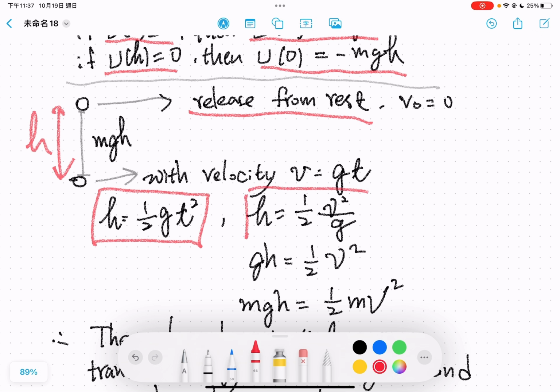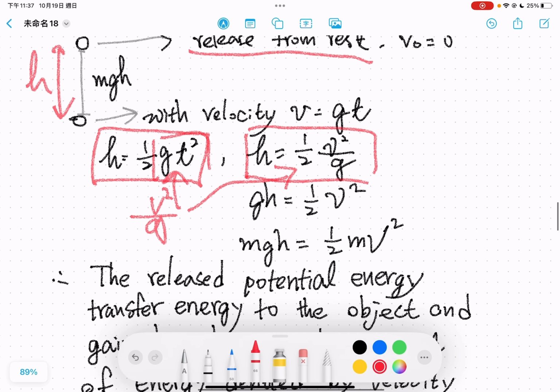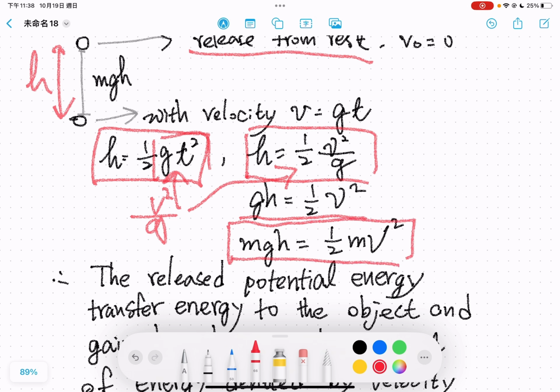Then the height is also half multiplied with the velocity and t, which is v squared over g. So we got this result. Then gh is half of v squared, and mgh is half multiplied with mv squared.